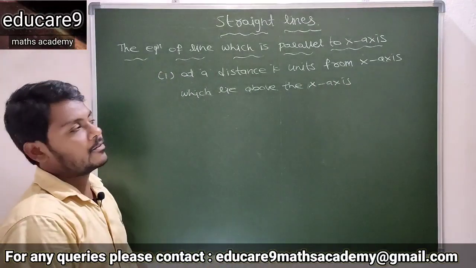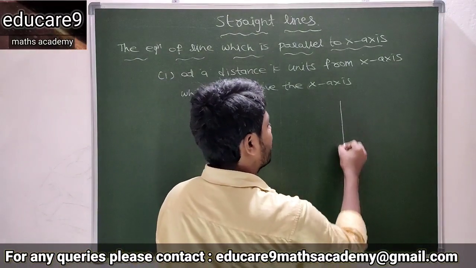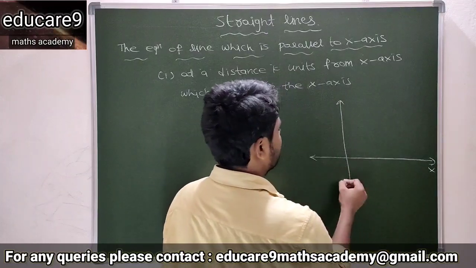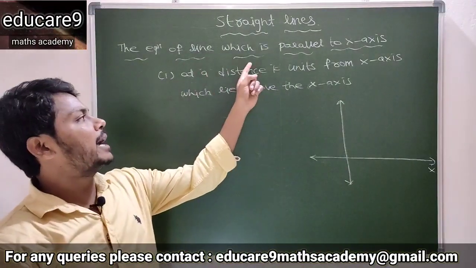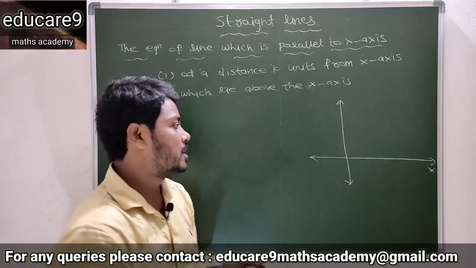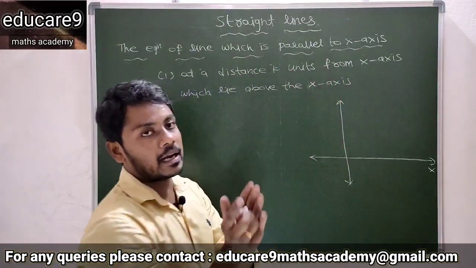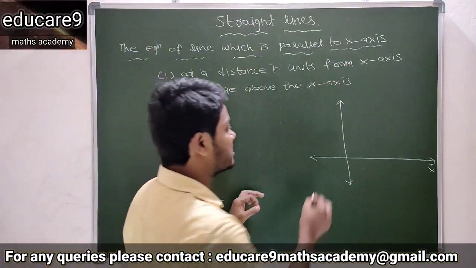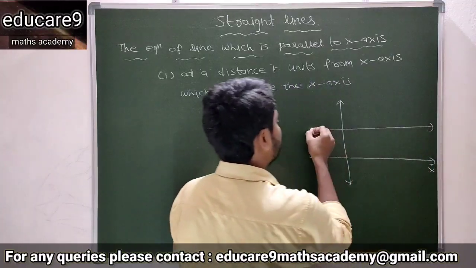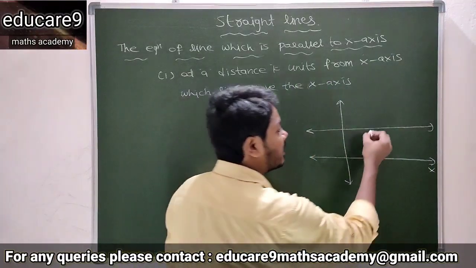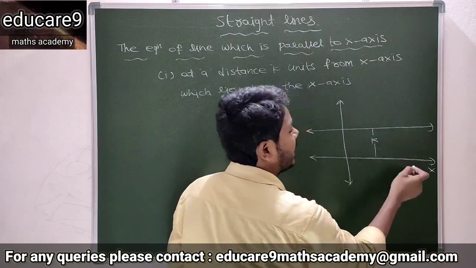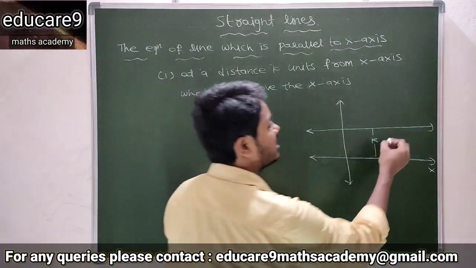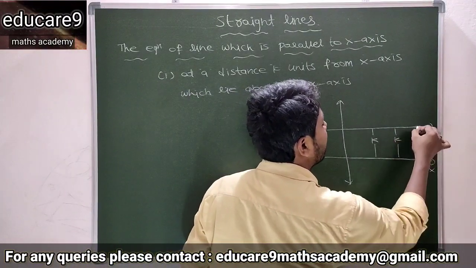See here, consider the coordinate axes, this is the x and y axis. The line is parallel to the x axis, at a distance k units from the x axis and lies above the x axis. Clearly this distance is always k units.